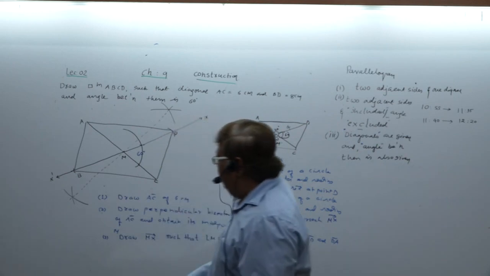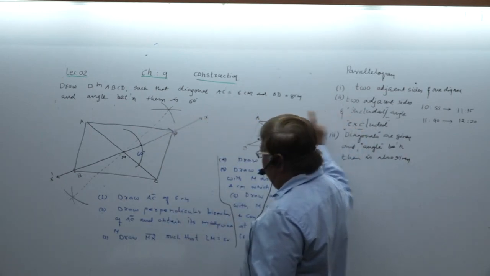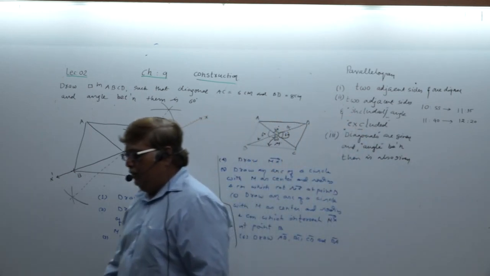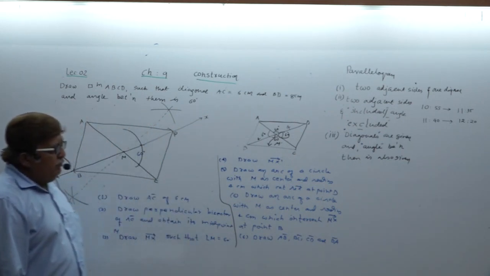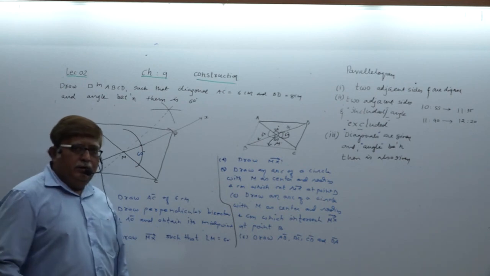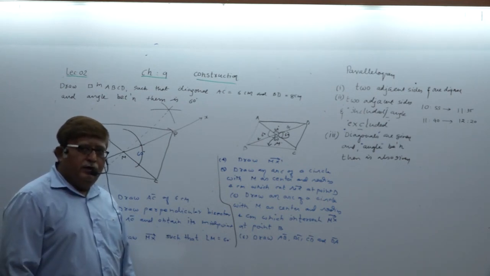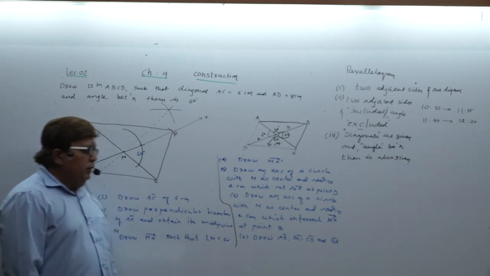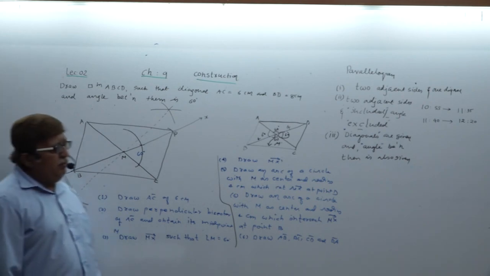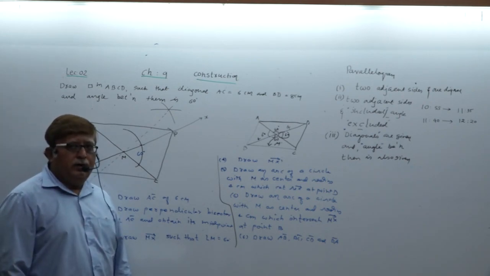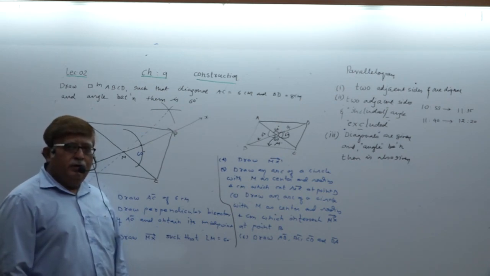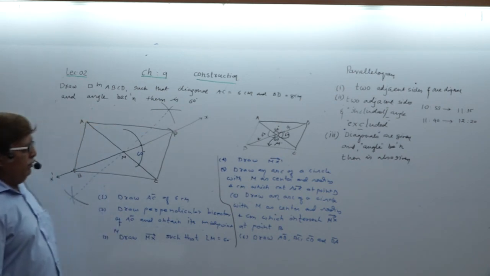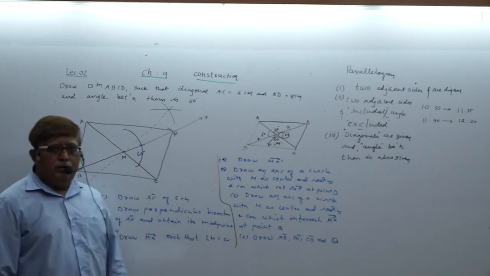Then type 2 construction, when two adjacent sides and an included or excluded angle have been given. Then we targeted construction of parallelogram where diagonals are given and the angle between the two diagonals has been given.